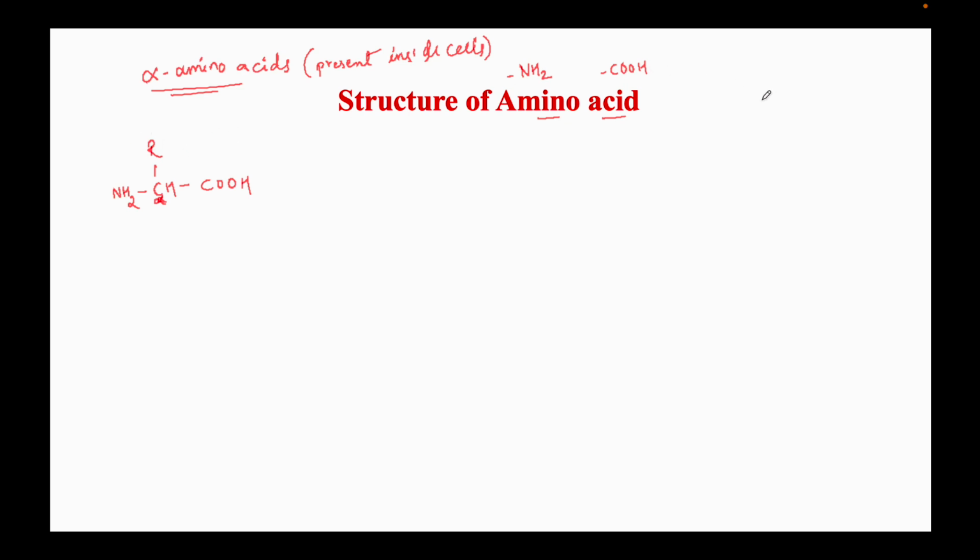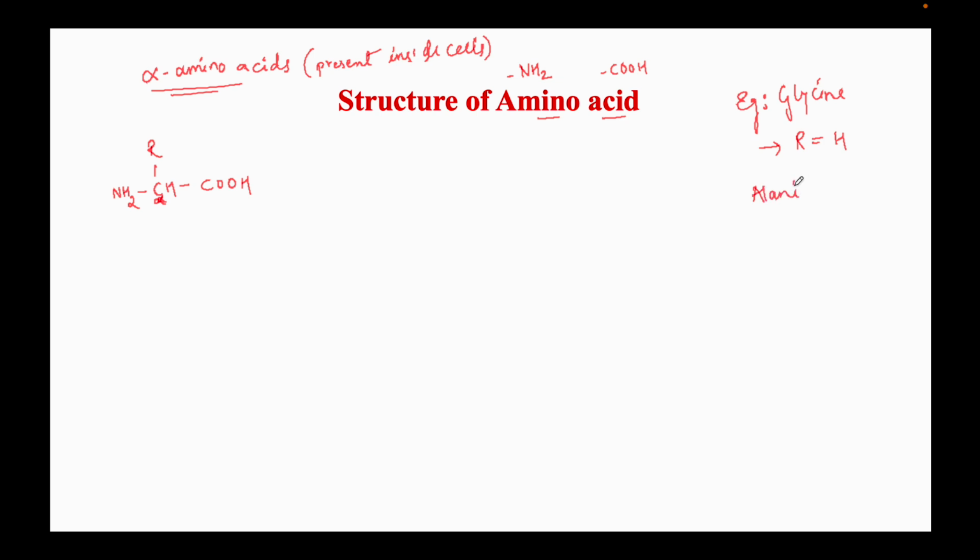For example, glycine is a very simple amino acid. The R group is replaced by simple hydrogen. So in glycine the R group is hydrogen.